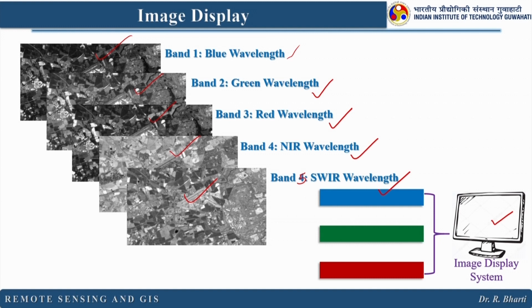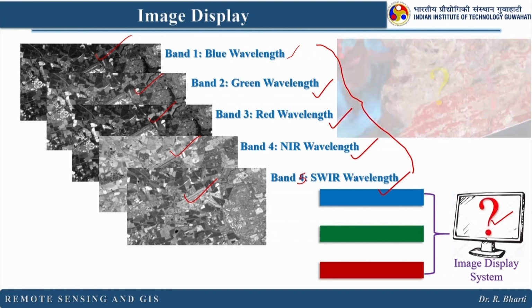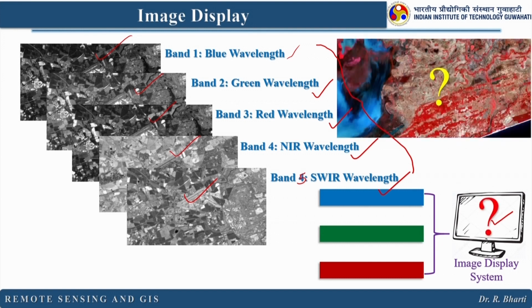So how do we visualize these black and white images separately as a color image? Ultimately we want to see something like this, where red represents some X material, blue represents some Y material. So how do we represent this? We need to understand that first.